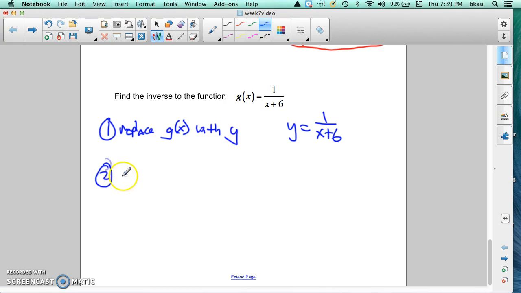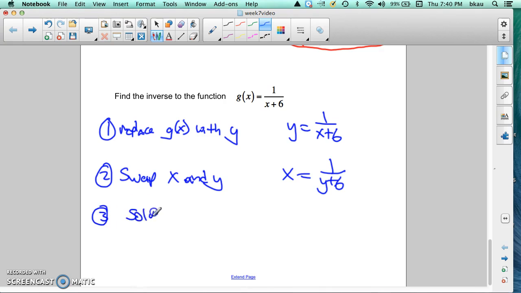Second step is to swap x and y. So that's going to become x equals 1 over y plus 6. Third step is to solve for y.